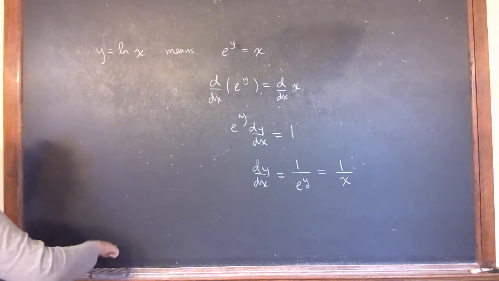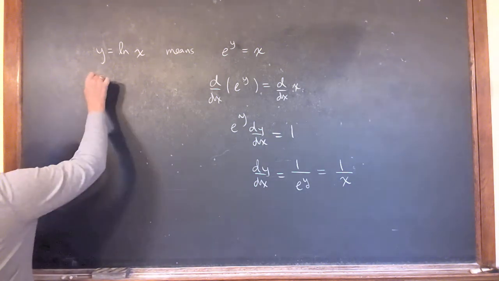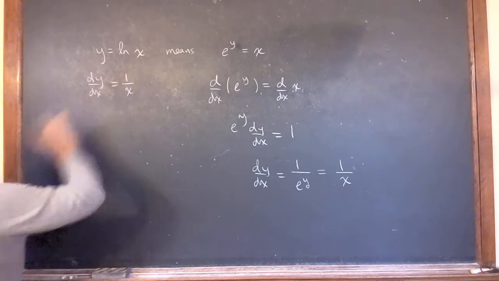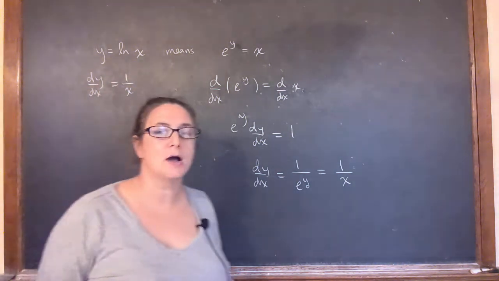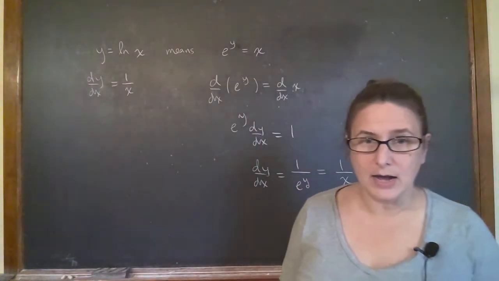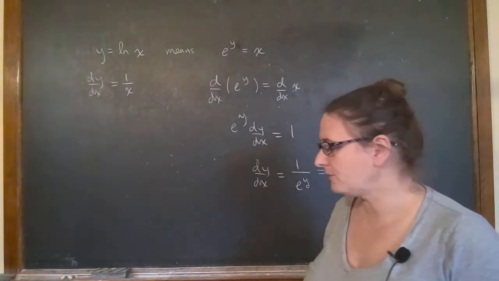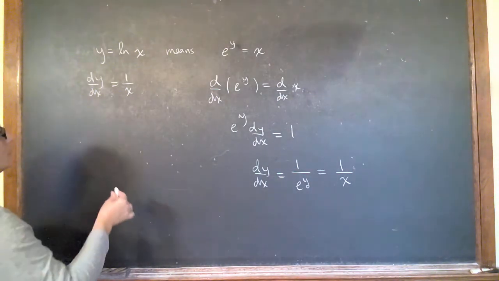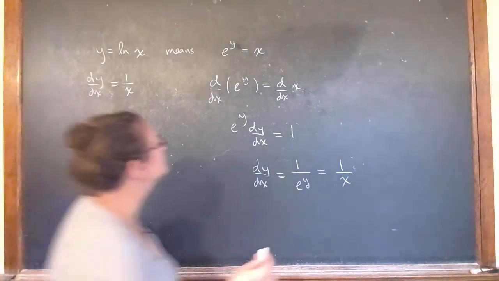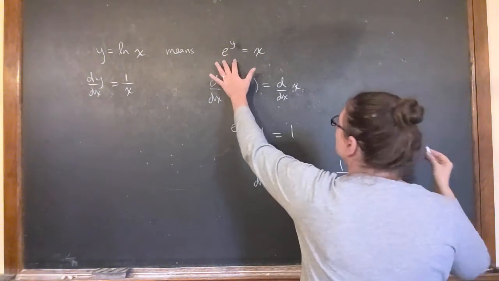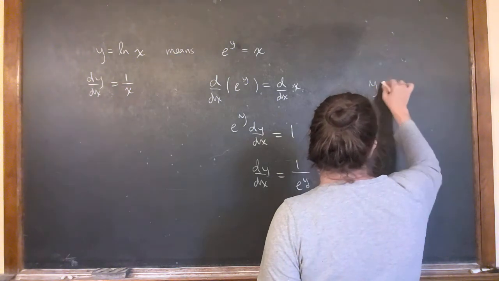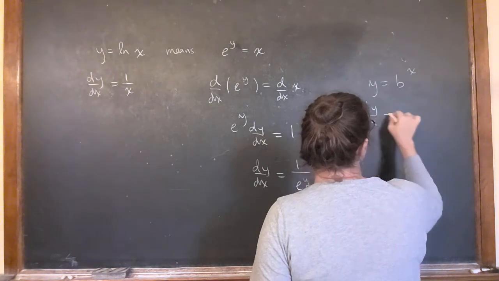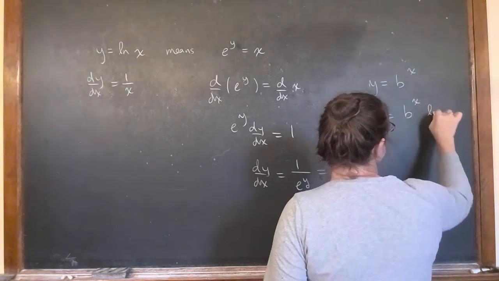Now, just as an FYI, if you remember, we didn't go over this very much. If it's not e, if I've got y equals b to the x, then the derivative of that turns out to be b to the x natural log of b.